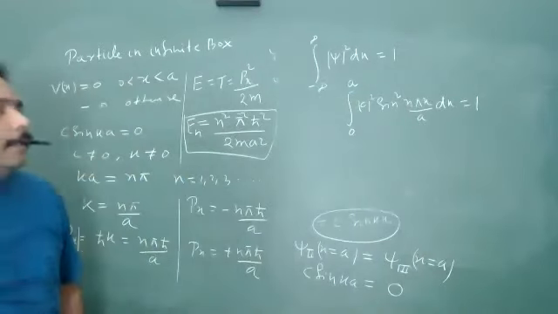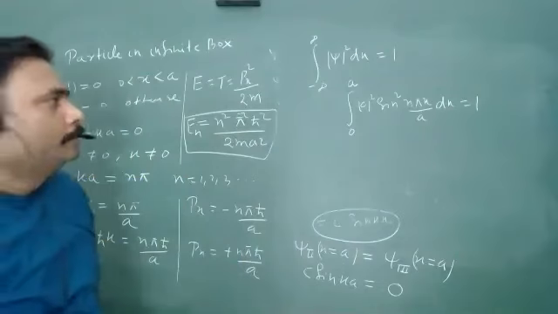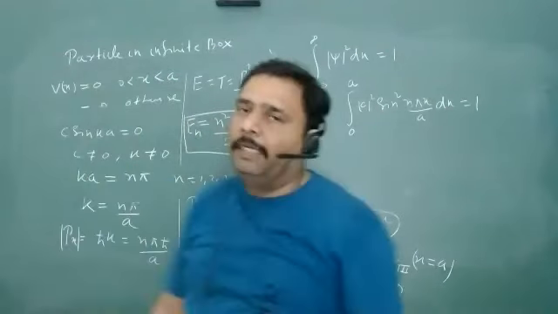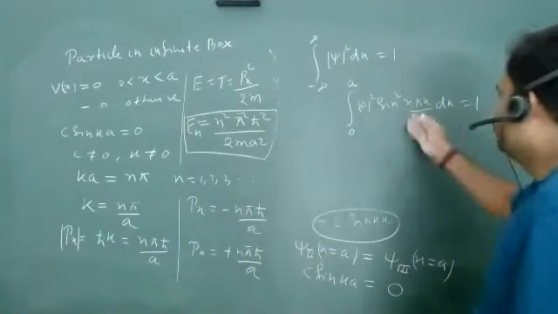How will you integrate it? Can anybody tell me? Just open the sine square as 1 minus cos 2nπx upon a, all halved, and you can easily integrate it.